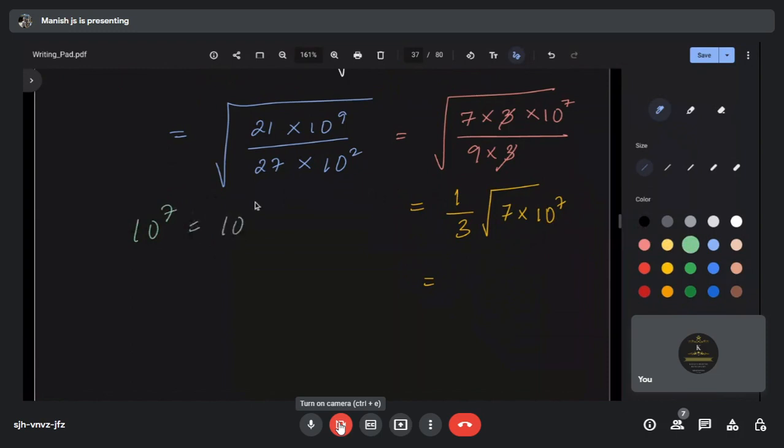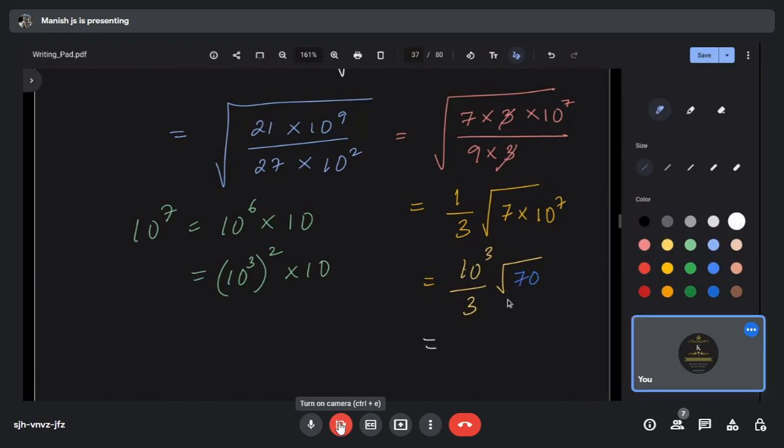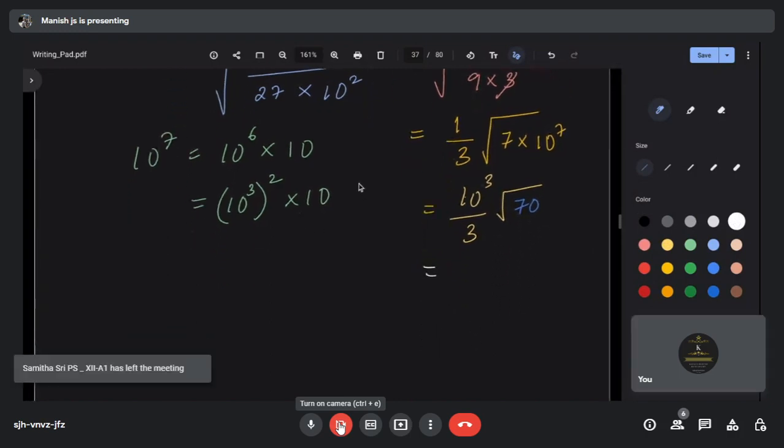We can't write it directly, but you can write it as 10 power 6 into 10. 10 power 6 can be written as 10 power 3 whole to the power 2. Then that 10 cube can be taken out, divided by 3, under root the remaining 10. Multiply that 10 and 7, you get 70. So root 70. Express it in the minimum possible value, so you should find the root of 70.